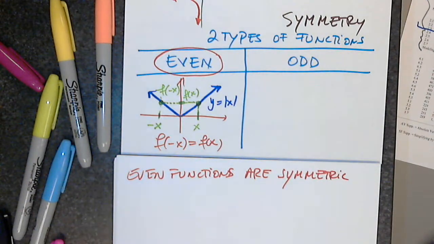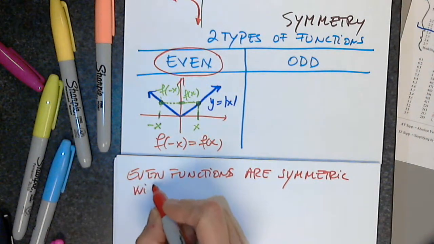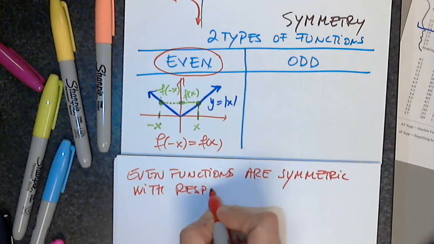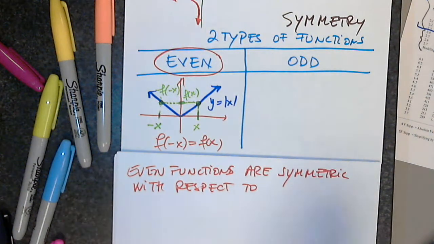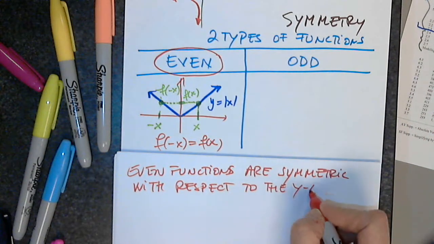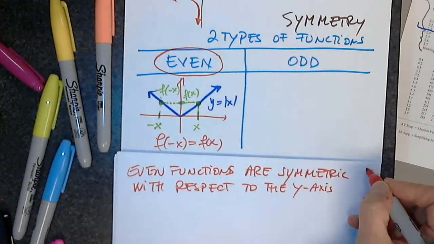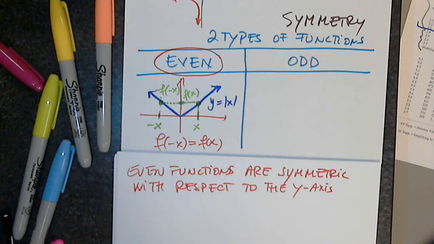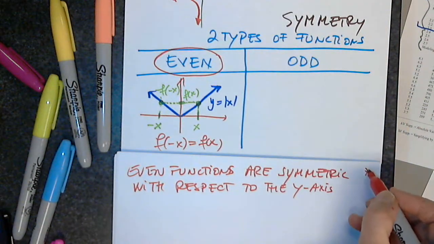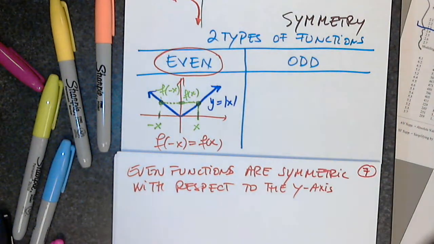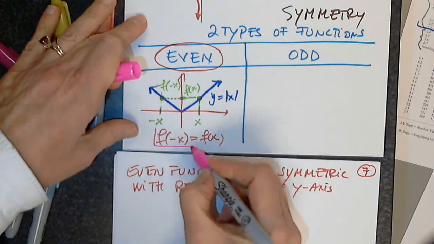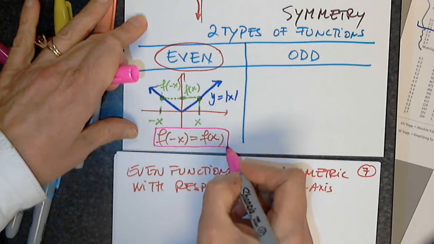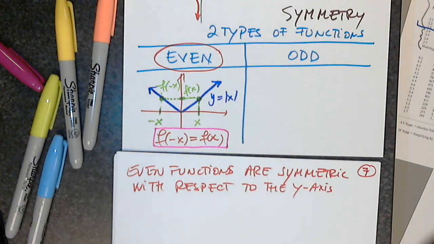Of course, their graphs are symmetric with respect to the y-axis. Very good. And the relationship must be this. If I cannot show this, then the function is not even. So let me give an example.